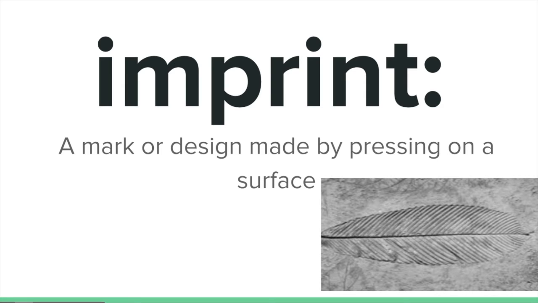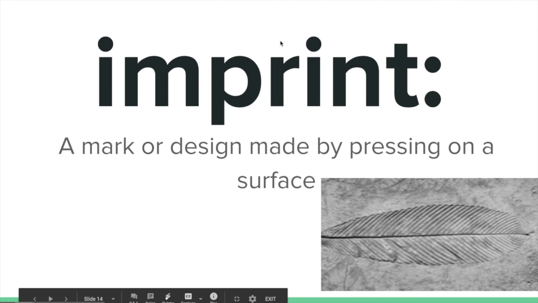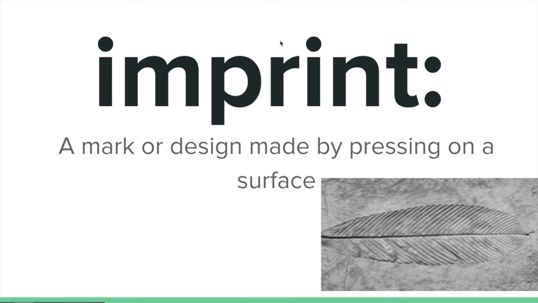And fourth type of fossil is an imprint. An imprint is a mark or design made by pressing on a surface. One example we see here is a leaf.